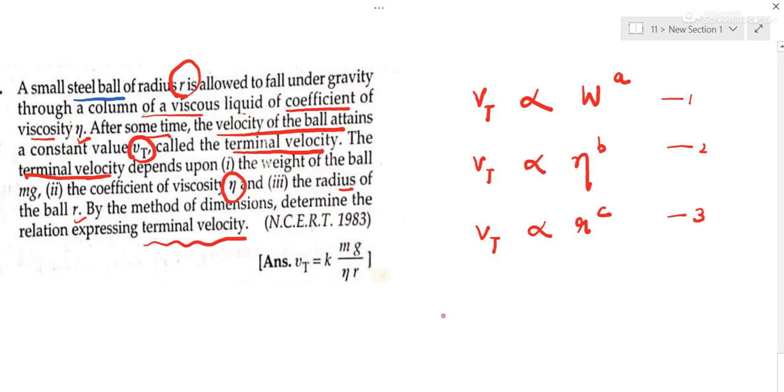Let us combine these three. So terminal velocity depends upon weight to power A, eta, that is coefficient of viscosity, to power B, and radius to power C.